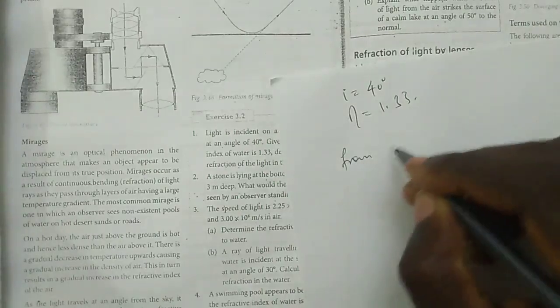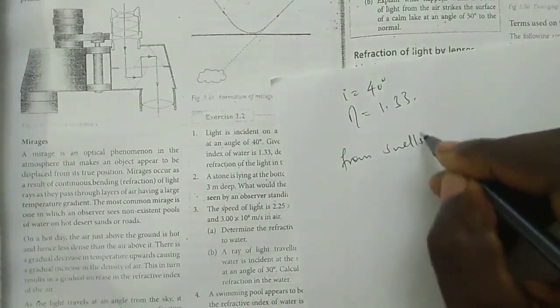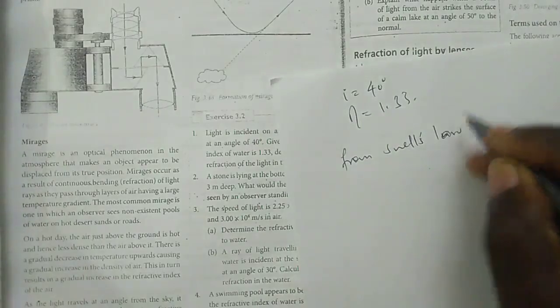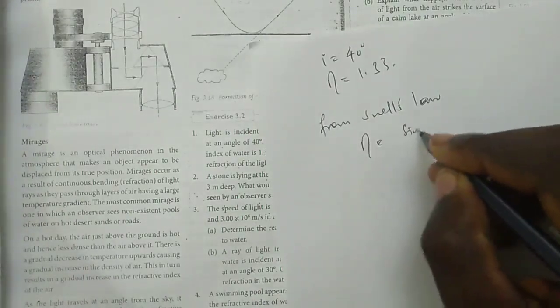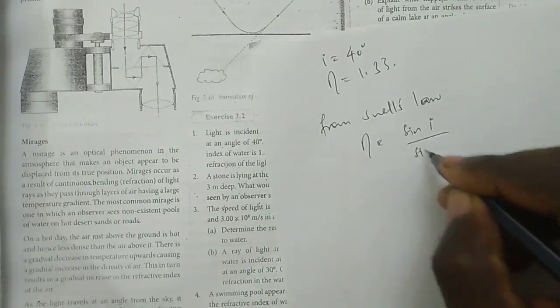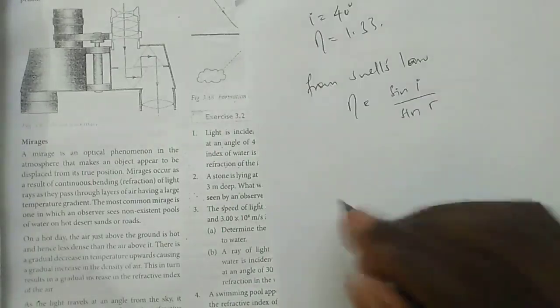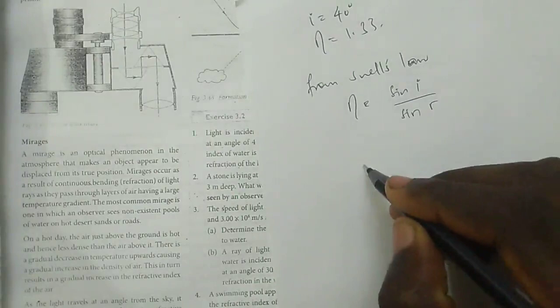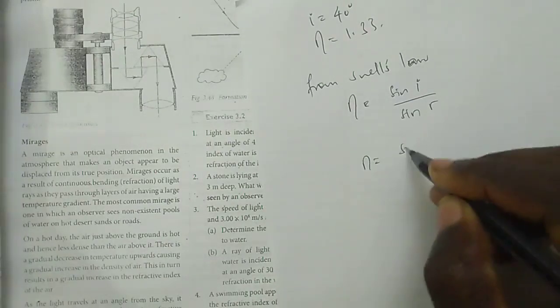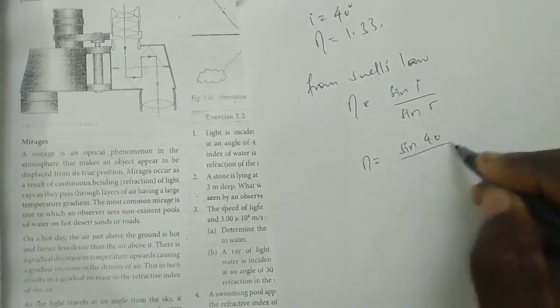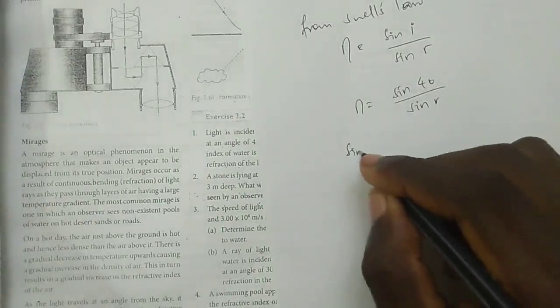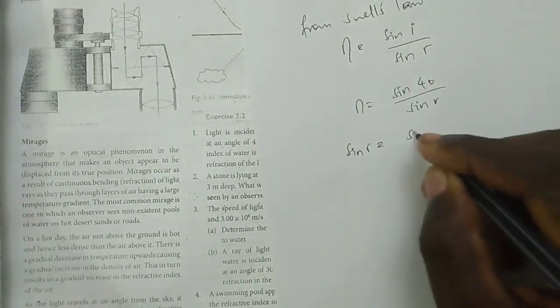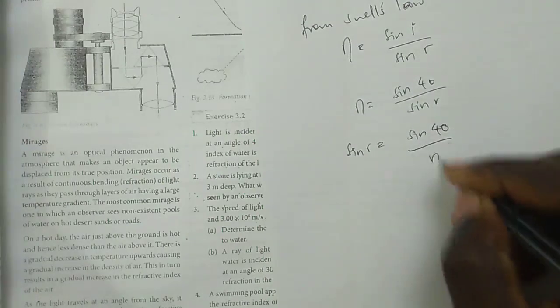From Snell's law, ambao alisema refractive index is equal to sine of angle of incidence divided by sine of angle of refraction R. So from here ni kwamba refractive index is equal to sine of 40 divided by sine of R. To get sine of R itakuwa sine of 40 gawanya kwa refractive index.